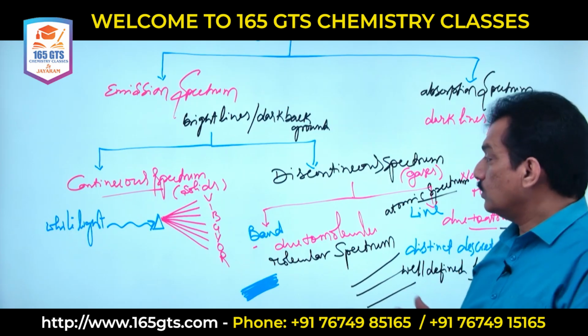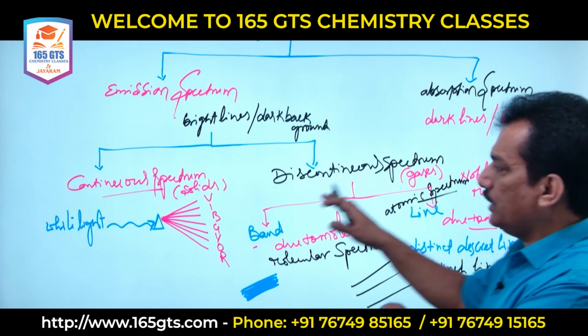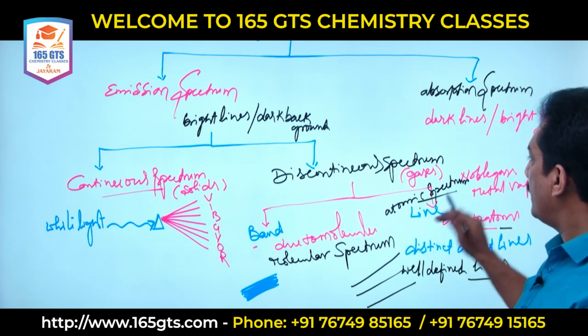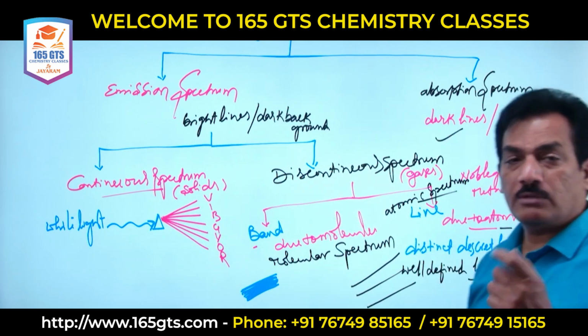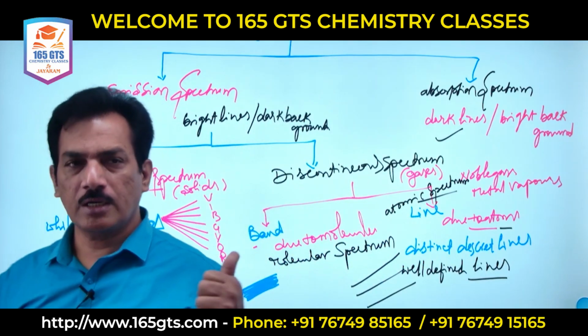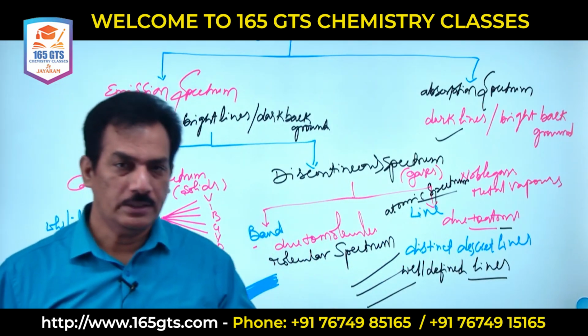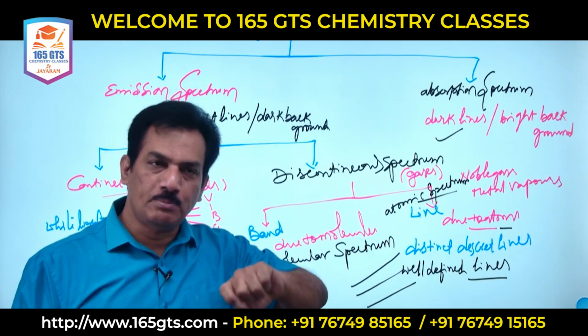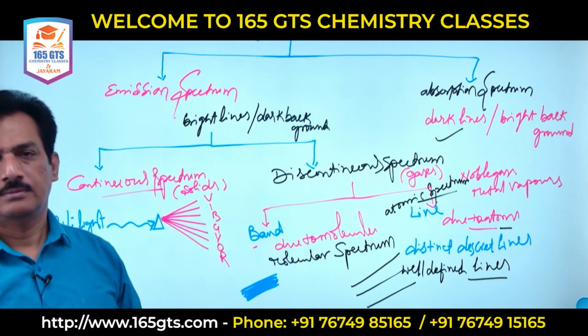Are you clear? So the same type of classification, that is continuous, discontinuous, and again discontinuous into band and line, all these appear in the absorption spectrum also. The only difference is that in the emission spectrum, the light is emitted light, whereas in the absorption spectrum, the light is absorbed light. Clear?